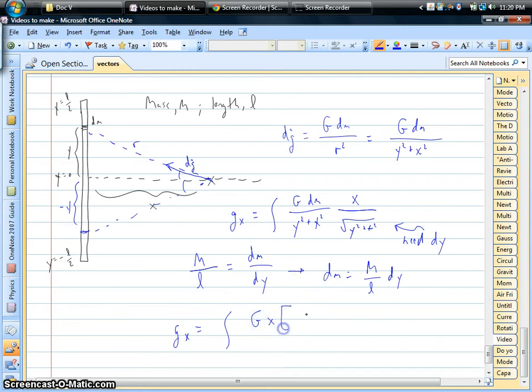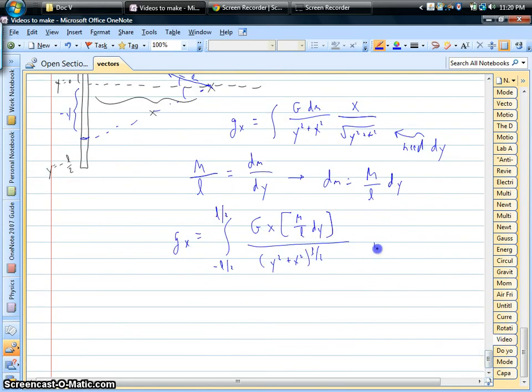Now I'm going to substitute in dm, this ratio or constant times dy, all over this. There's also some limits on this integral. We want to add up all these little chunks from one end of the stick at the bottom, where y is equal to negative L over 2, to where y equals positive L over 2.